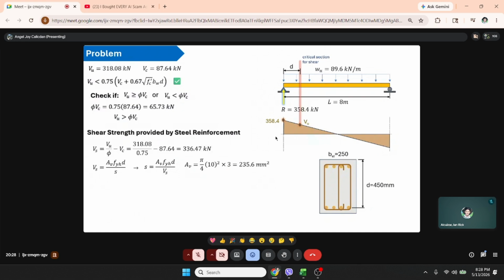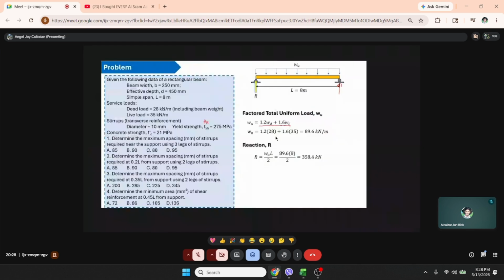The diameter of the shear reinforcement given is 10 millimeters. So here it is given as 10 mm.